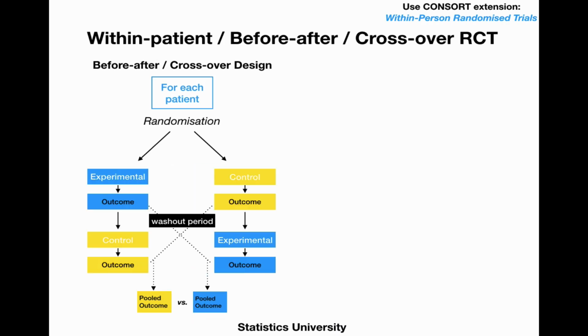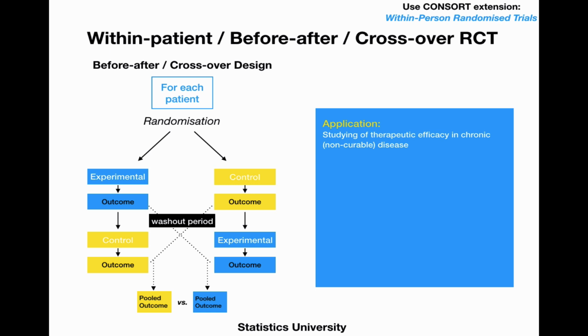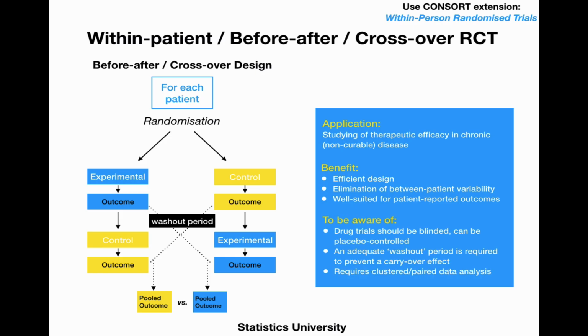And if we focus on the before-after crossover design, we can state that this design can be used to study the therapeutic efficacy in, for example, chronic non-curable disease. And the benefits here as well are that it's an efficient design that eliminates between patient variability, and it is particularly well suited for patient-reported outcomes.